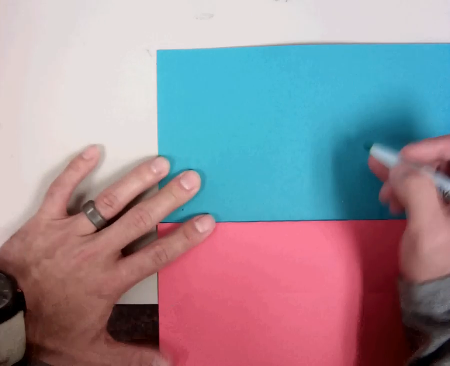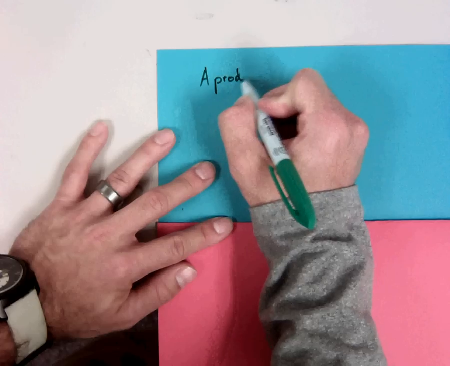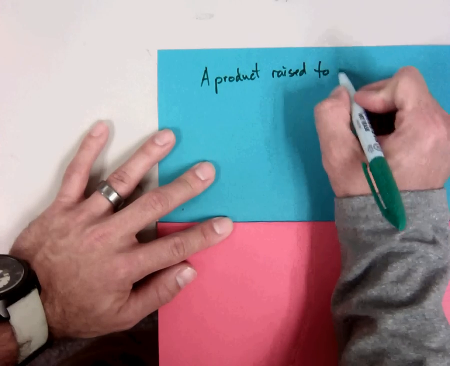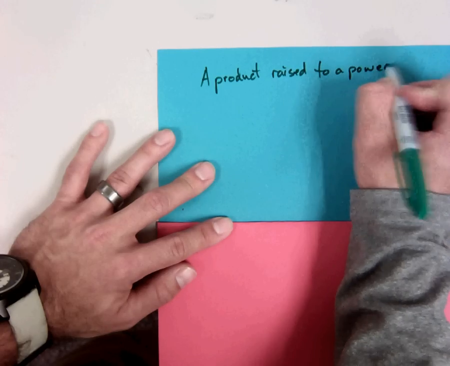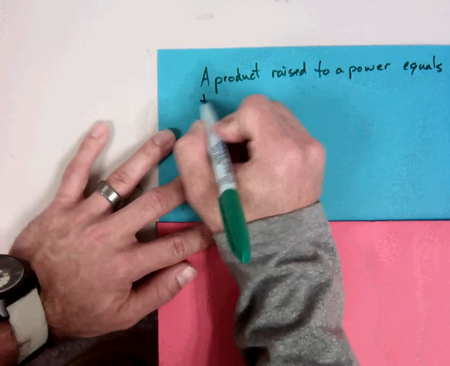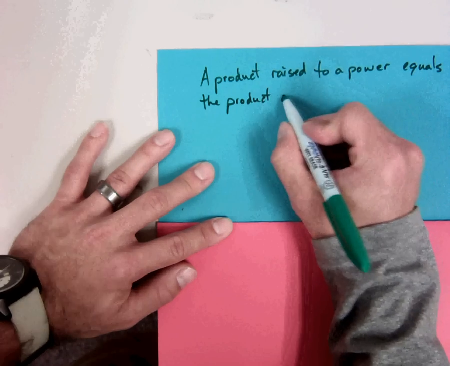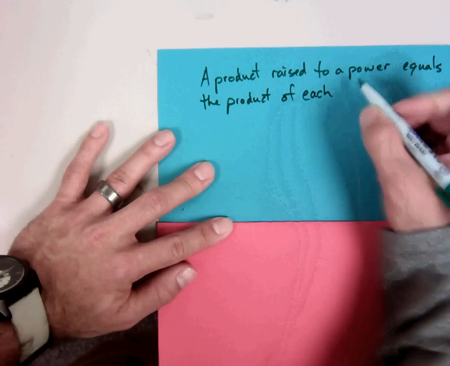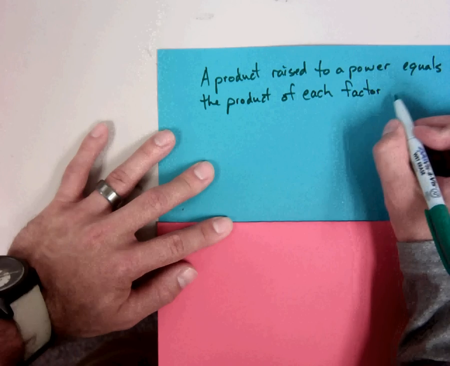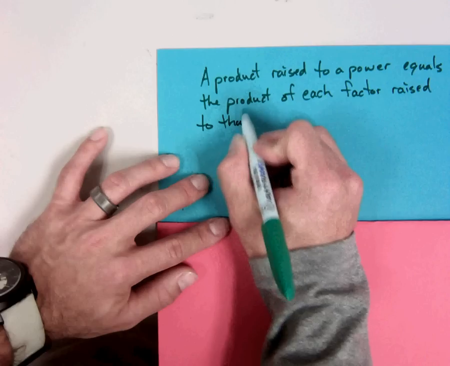Now the power of a product is a product raised to a power equals the product of each factor raised to that power.